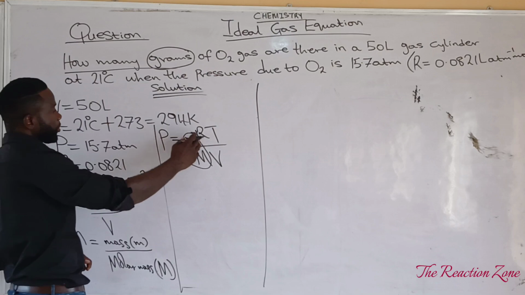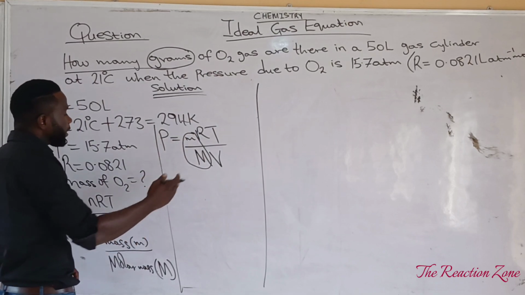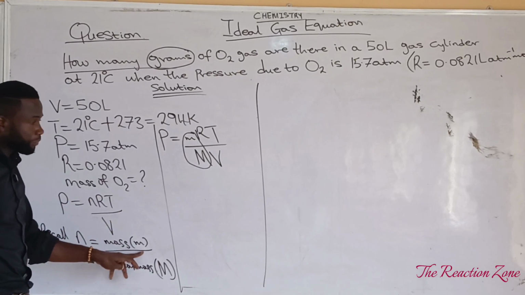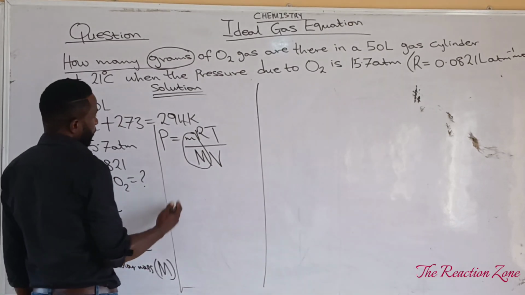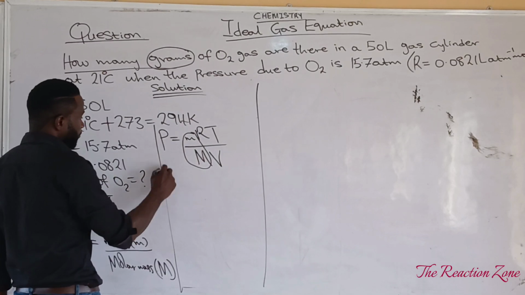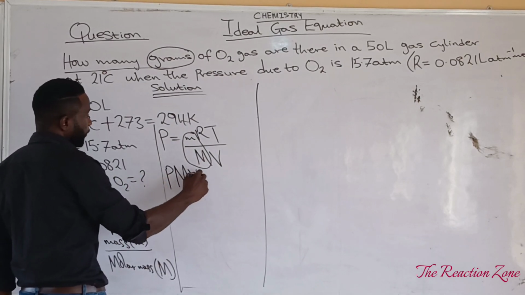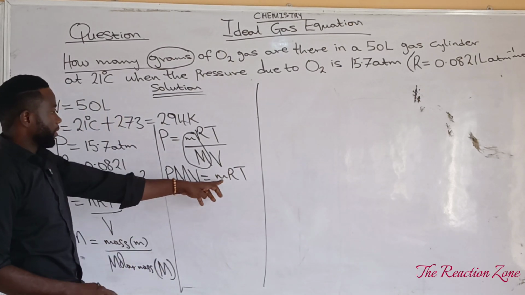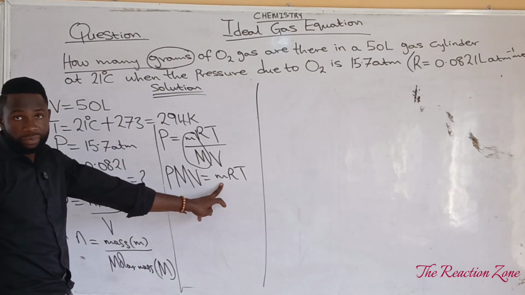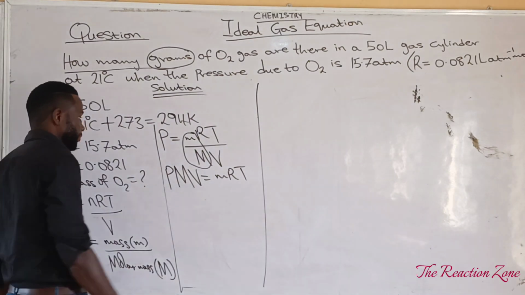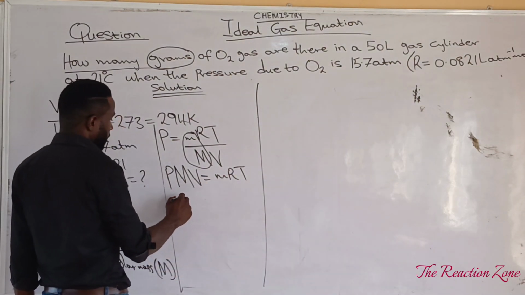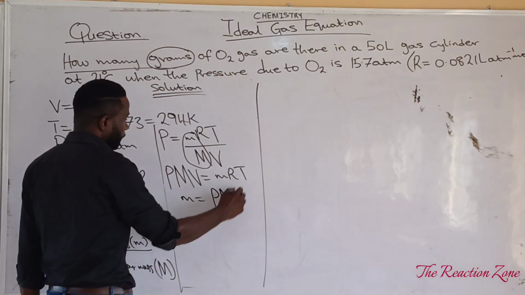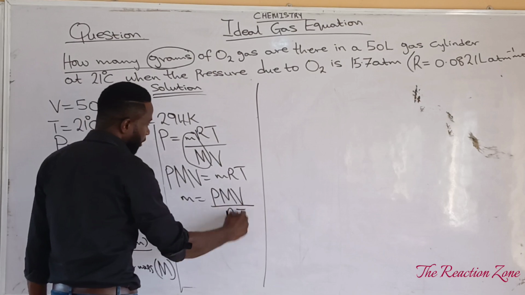So with this expression now, we can find the mass of oxygen, which is small letter m. So this equation becomes PMV is equal to mRT. And we need to make small m the subject of the formula. So m is going to become PMV over RT.